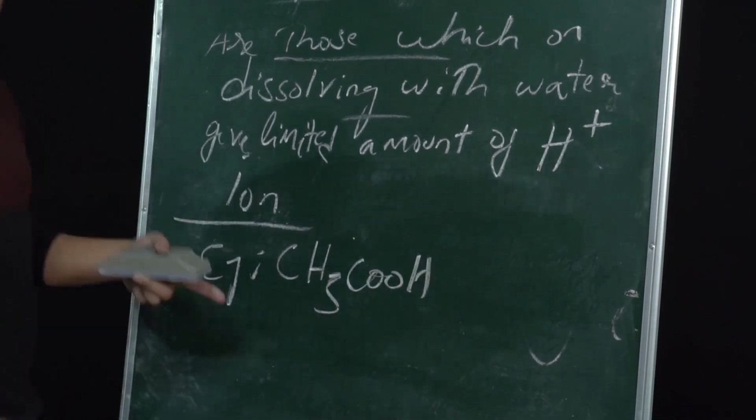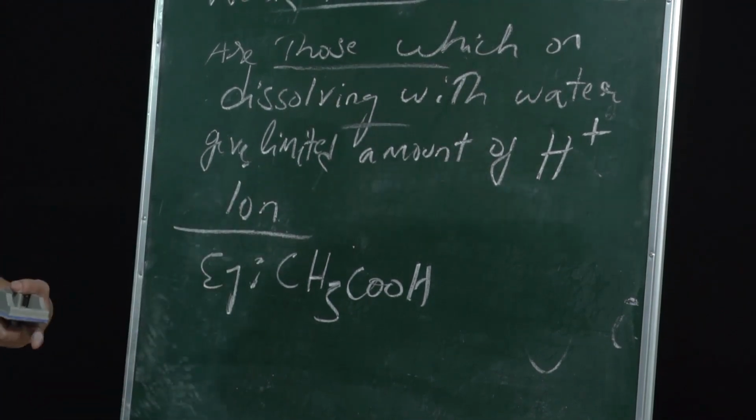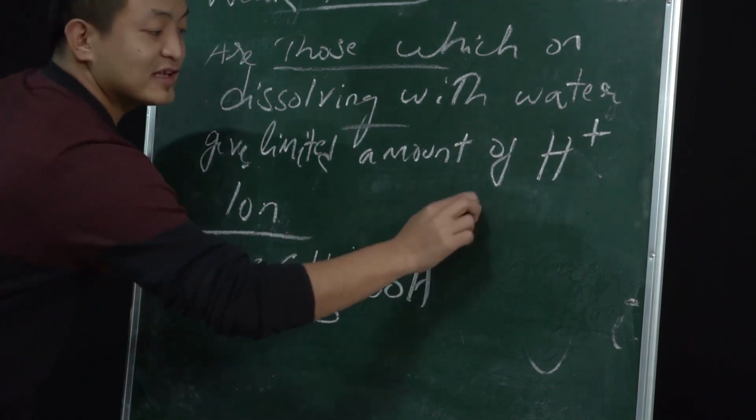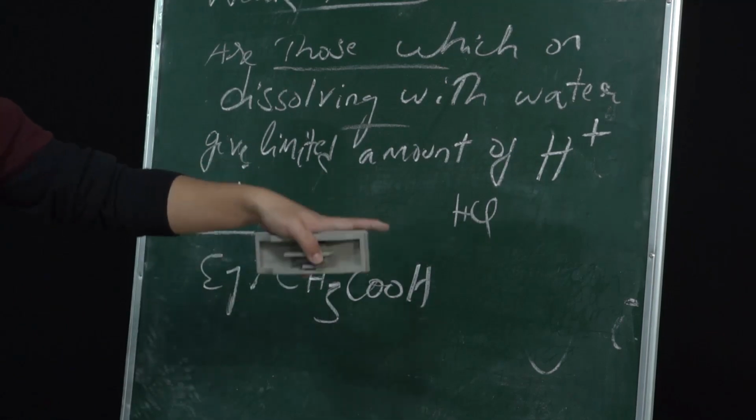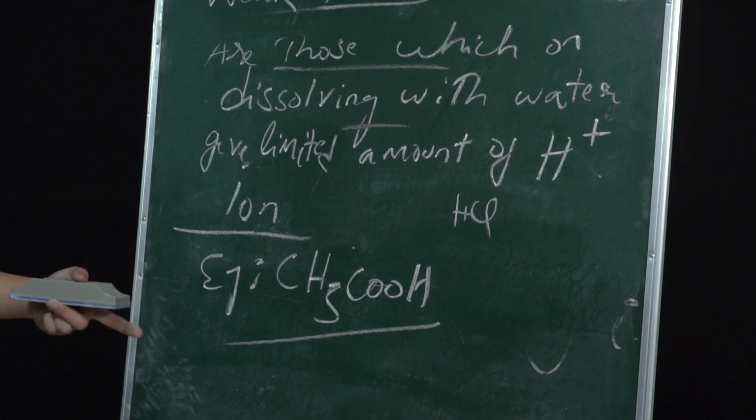An example for this would be this compound, which is also an acid, and it's a large compound. To break this one would not be easy like HCl. For HCl it was very easy to break the bond, but here it would be difficult because it's a large compound.